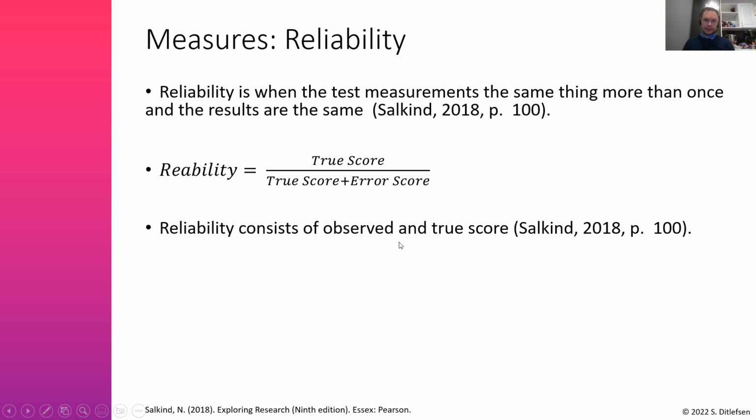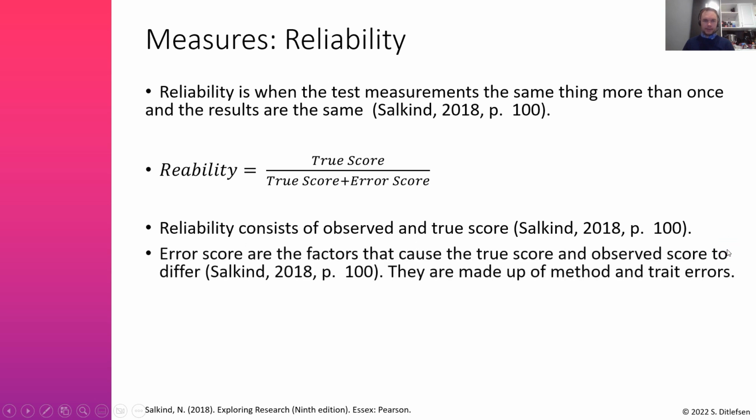Okay, so it consists of observed and true score. Reliability consists of observed and true score. Okay, what is this number here? Error score. Where error score are the factors that can cause the true score and observed score to differ. They are made up of method and trait errors.